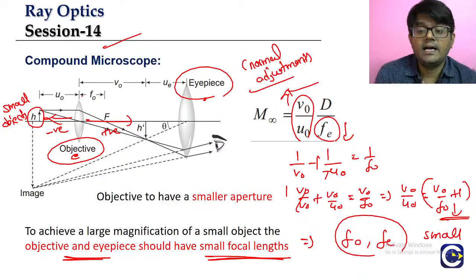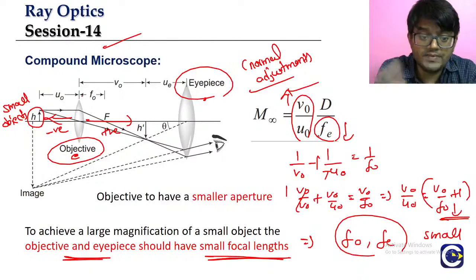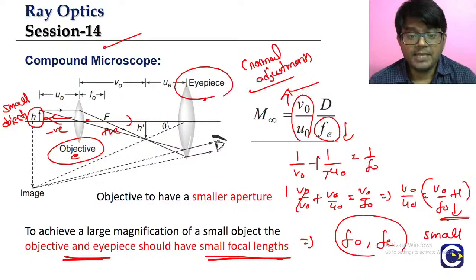So here the setup for a compound microscope is what? We require a smaller focal length for both the objective as well as the eyepiece, because that will give us higher magnifying power. Comparatively between them, the objective will have the smaller one.